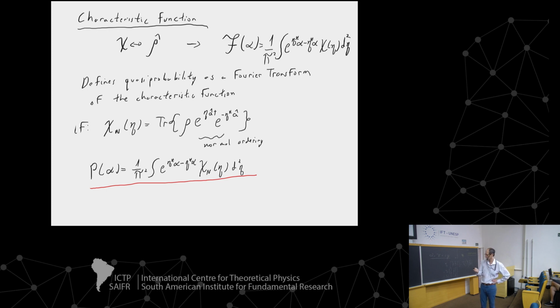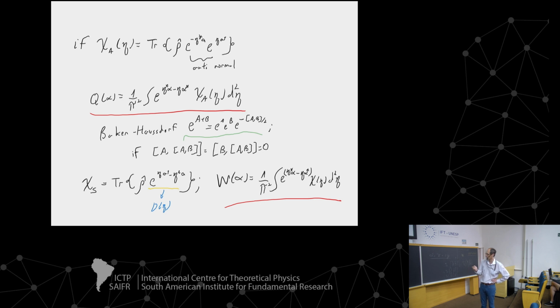What's nice here is that if you go now for the anti-normal ordering, you invert these two compared to what we had before. Now you get the semi-Q distribution.